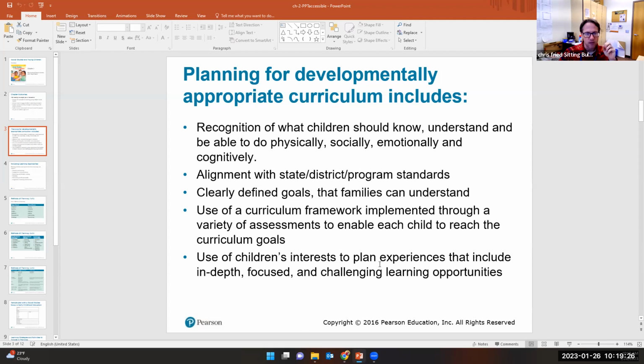And then lastly, use children's interests to plan experiences that include in-depth, focused, and challenging learning opportunities. This connects back to what children should know, what they can understand, what they can do, connecting some of those interests into those plans as well.